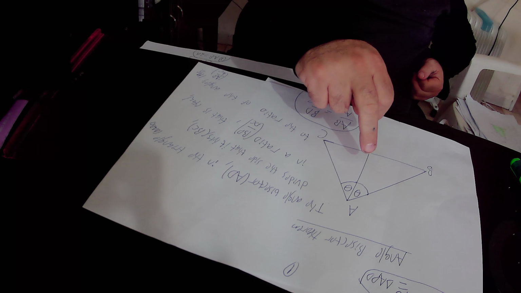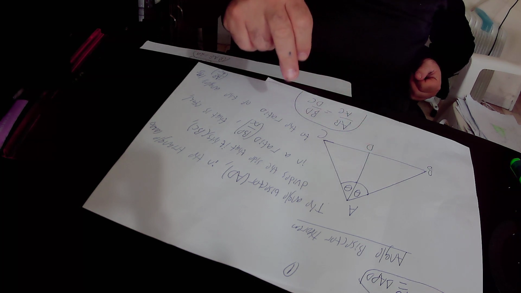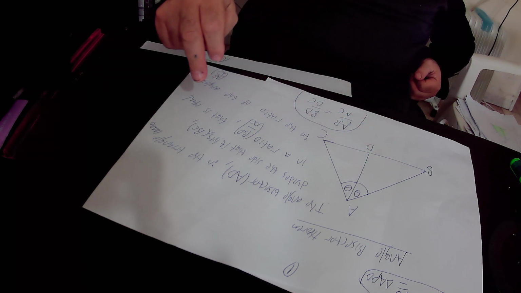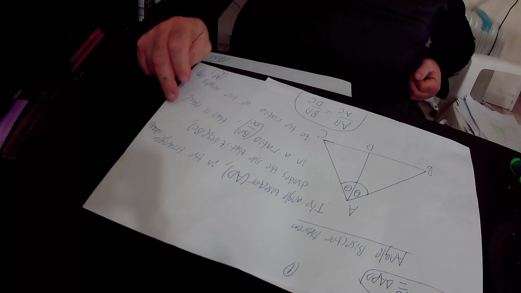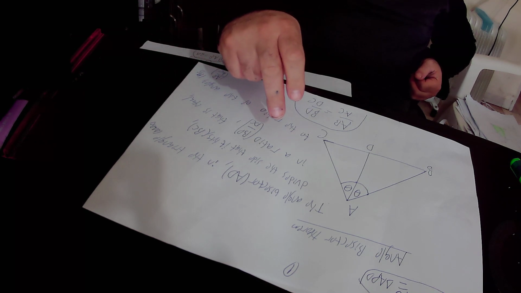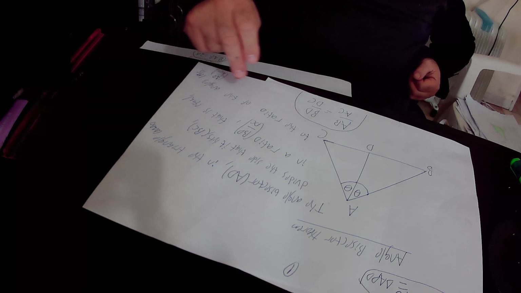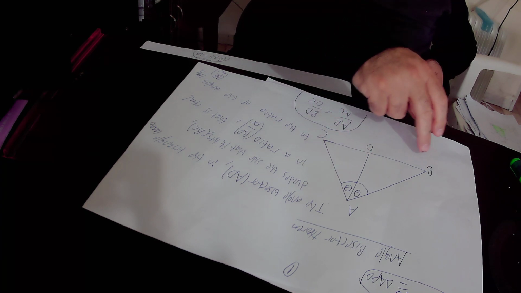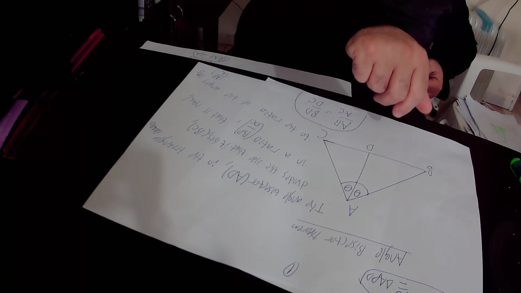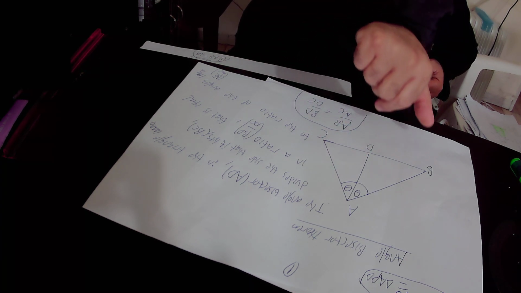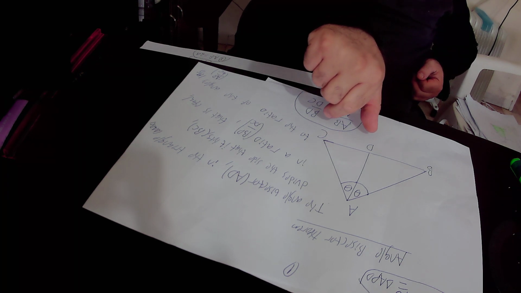Each half equals theta. So the angle bisector AD in triangle ABC, that could be any triangle, divides the side that it meets. Angle bisector AD meets side BC and divides it into two parts. The first part is BD and the second part is DC.